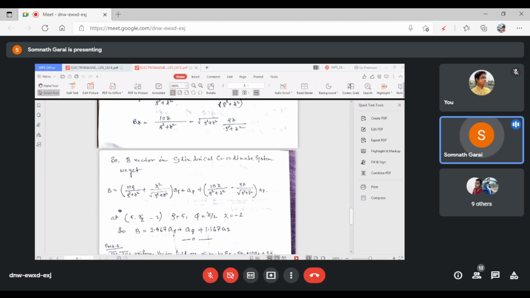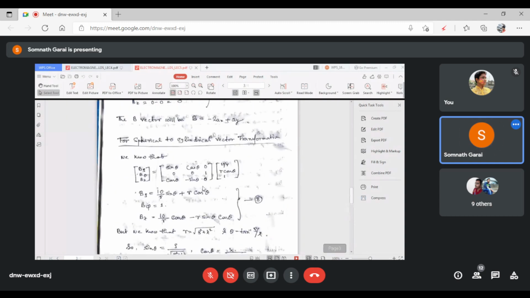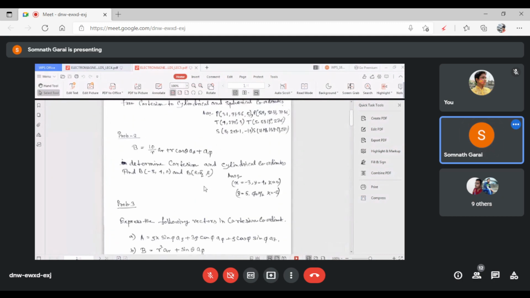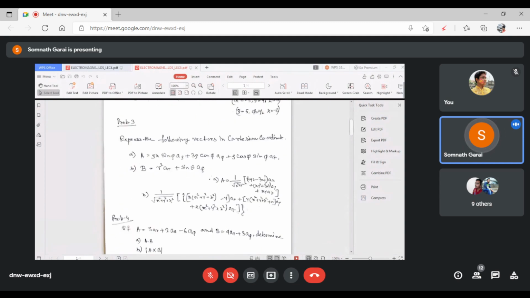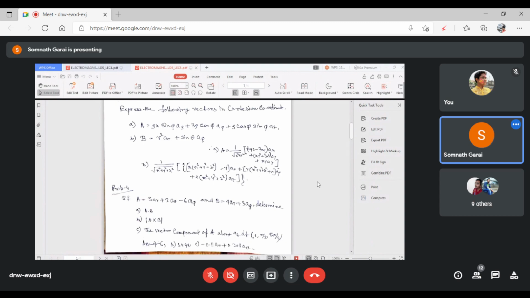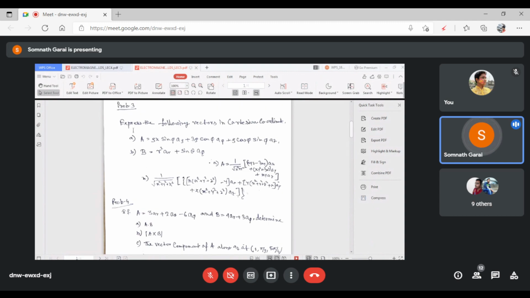Now you solve a numerical problem regarding this coordinate system. Problem number 2 I have already discussed. Okay, you solve problem number 3 and problem number 4. First you solve problem number 3. Problem number 3 states: express the following vector in Cartesian coordinate.